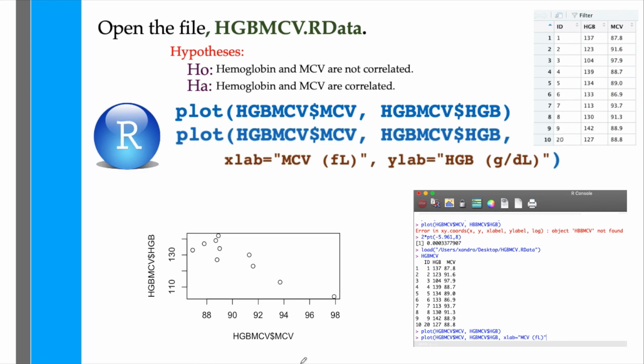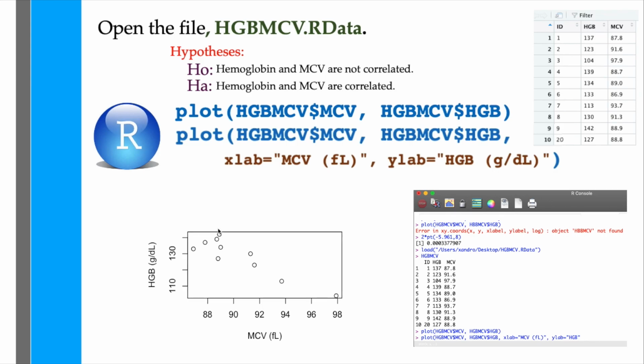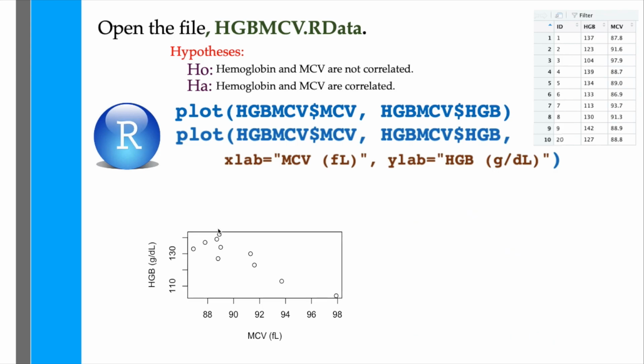All you have to do is add xlab equals and then the label of the x-axis, in this case MCV, then comma, ylab equals and then the label of the y-axis, in this case HGB. So the scatter plot will just label its x and y axis.